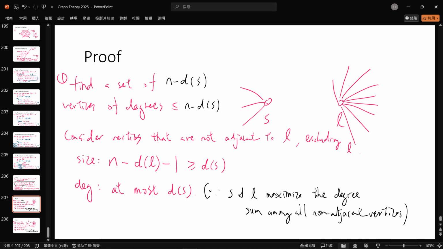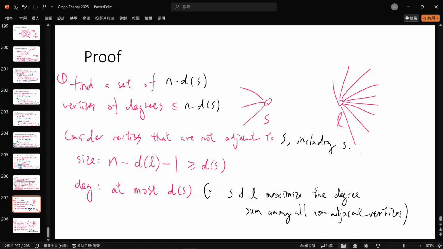For this case, we're going to consider vertices that are not adjacent to S, including S. Because this n minus ds is quite a large degree, and S has a small degree, so S should not satisfy this inequality. But anyway, we just consider the vertices that are not adjacent to S, including S.